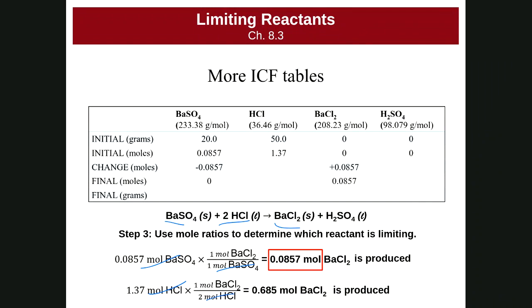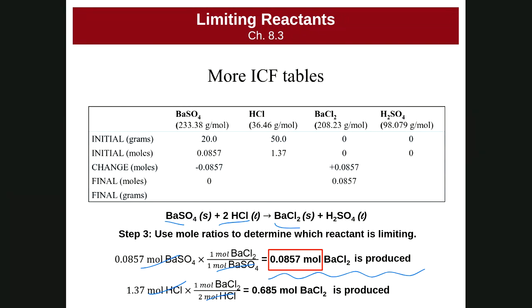So when we multiply by that mole ratio, we cancel out our moles of hydrochloric acid, and we find out that we can make 0.85 moles of barium chloride if we only worry about hydrochloric acid. So that is a much larger number than the number we got from our barium sulfate. So that tells us that barium sulfate is our limiting reactant. We'll run out of barium sulfate long before we run out of hydrochloric acid.